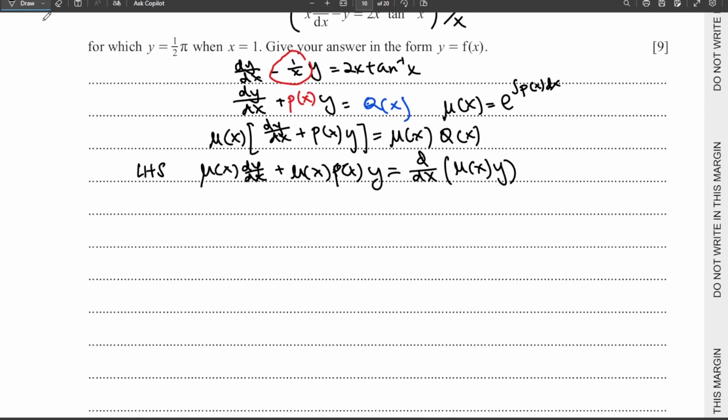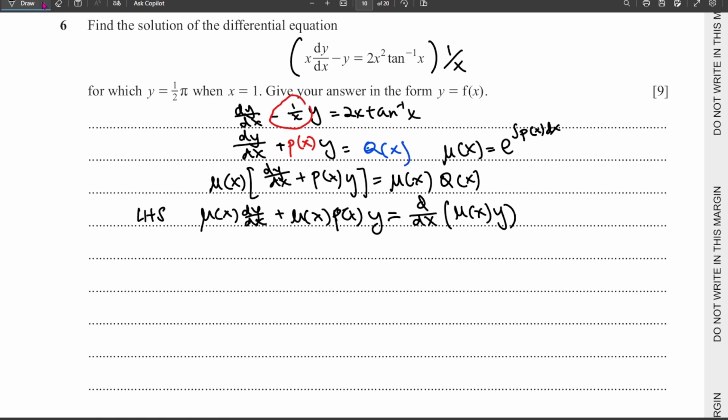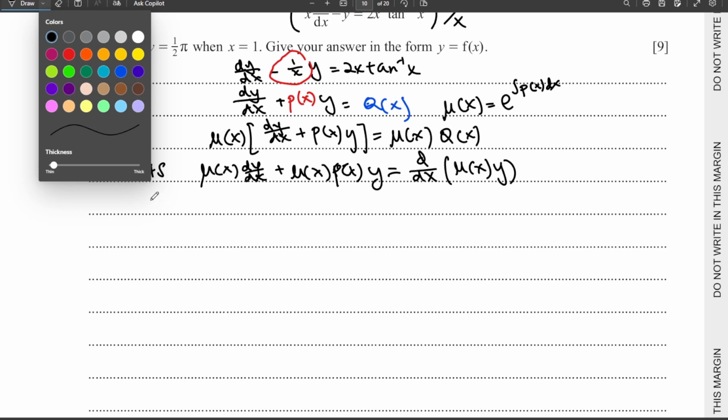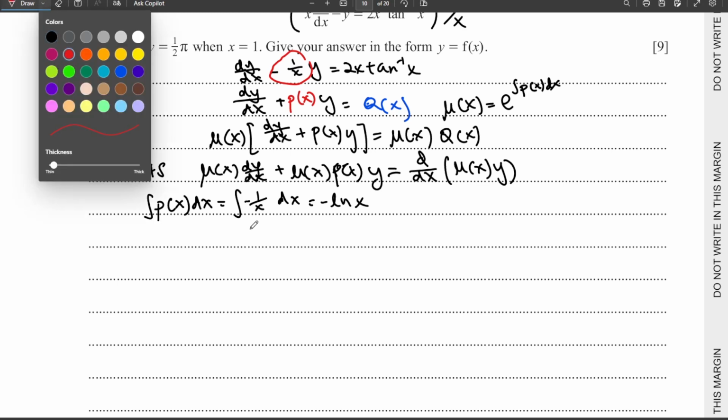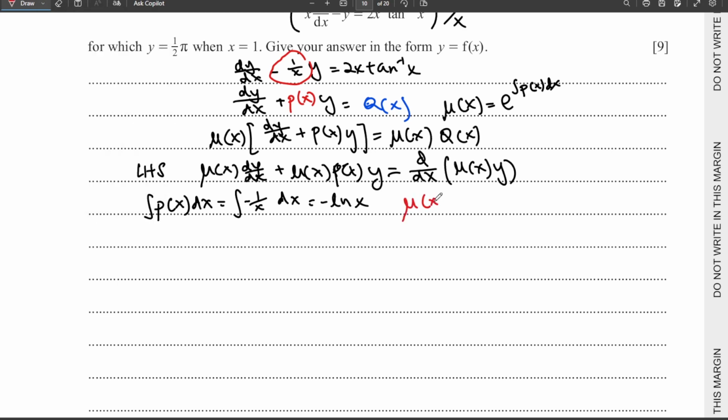Given our expression of p of x, we want to find the integral of p of x first, right? Integral of p of x with respect to x. So that is negative 1 over x. Integrate, you'll get negative natural log of x. So our integrating factor, mu of x, will be e raised to the power of negative natural log of x.